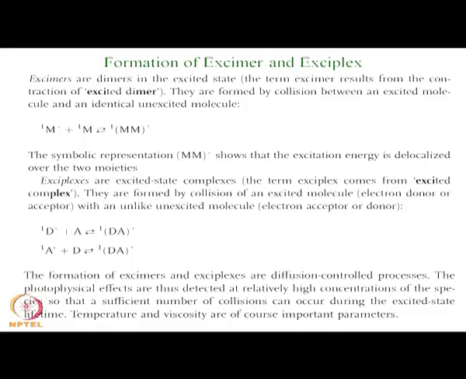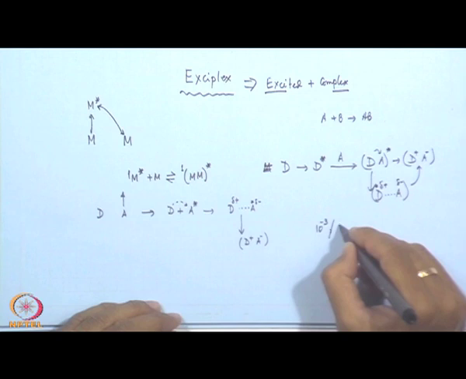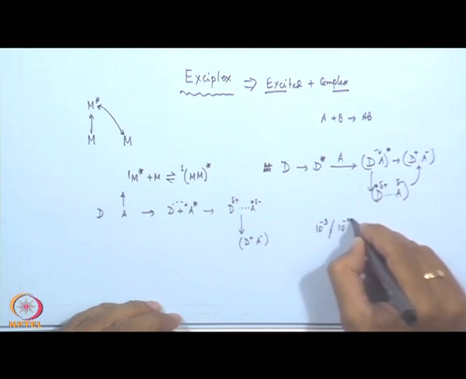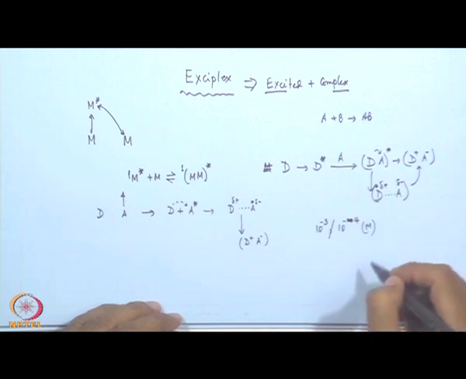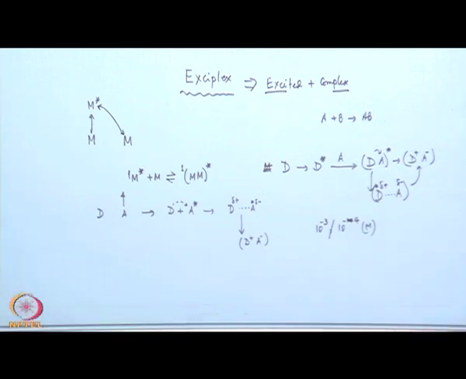So, you need to have a considerable amount of high concentration, like 10 to the power minus 3 or minus 4 molar solution, so that there is high probability of collision between the donor and the acceptor, and hence you can expect to have exciplex or excimer.